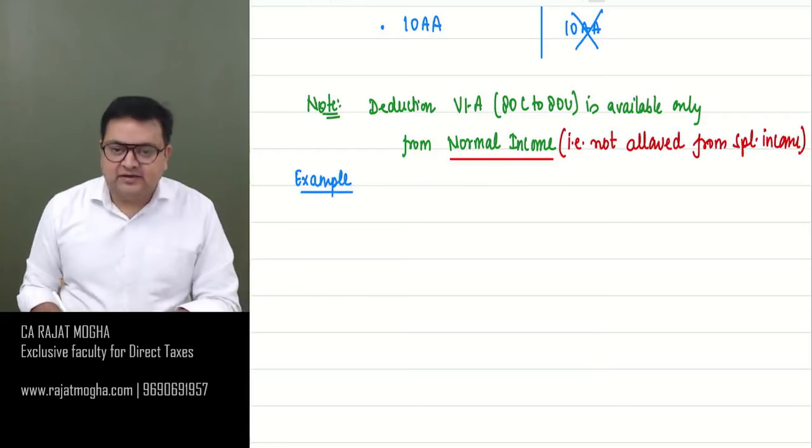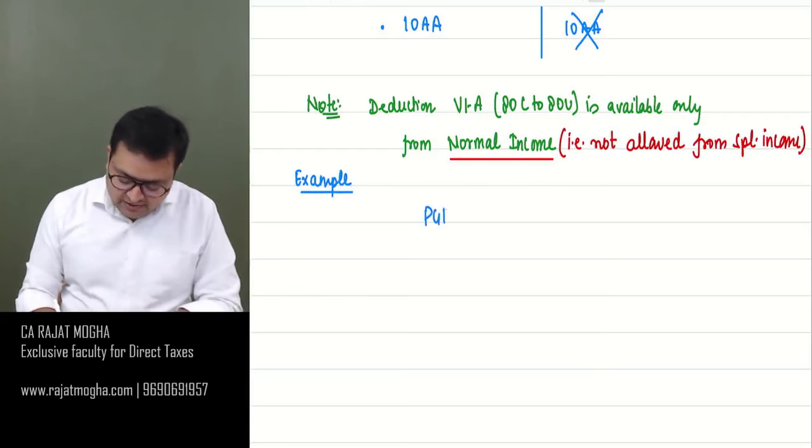Let's say the assessee has PGBP income of, for example, 1 lakh. He has long-term capital gain of rupees 10 lakh.